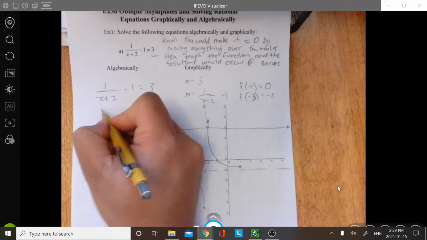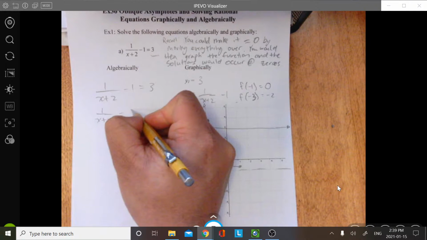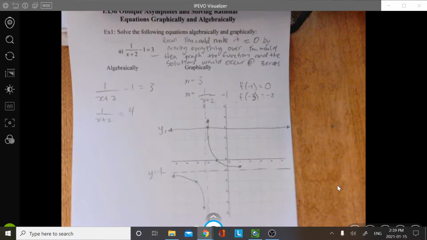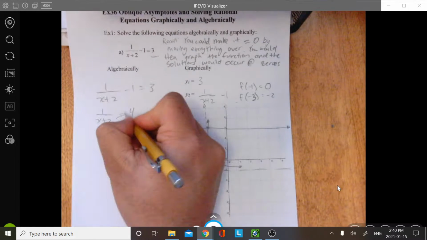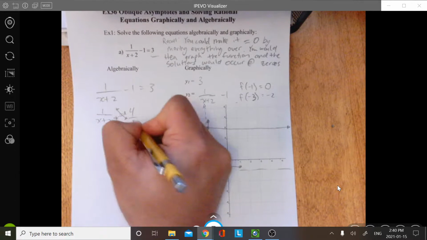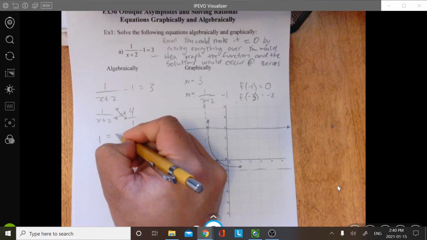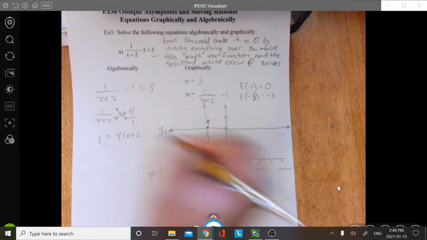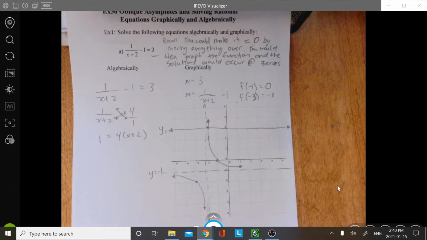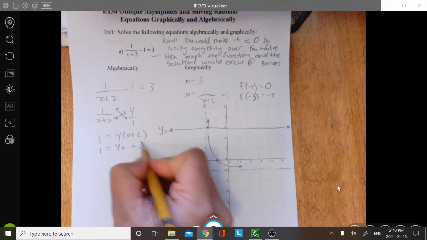Okay, so you're going to move one over. You get 4. Cross multiply, right? You get 1 equals 4x plus 2. 1 equals 4x plus 8.